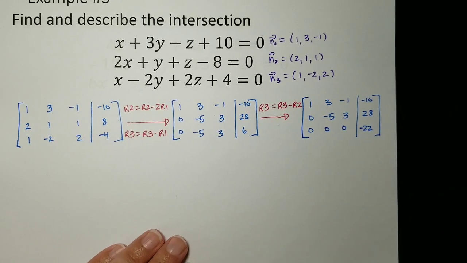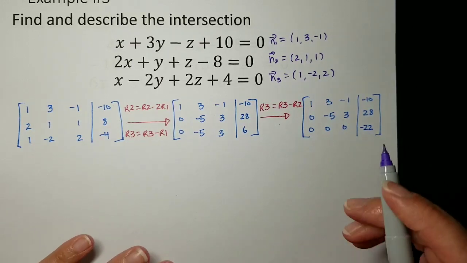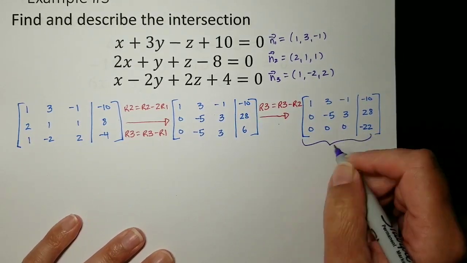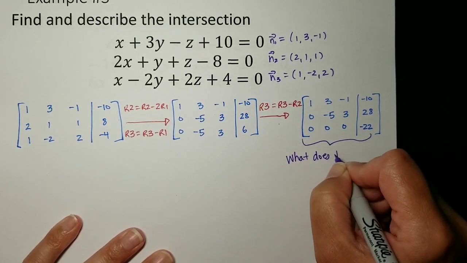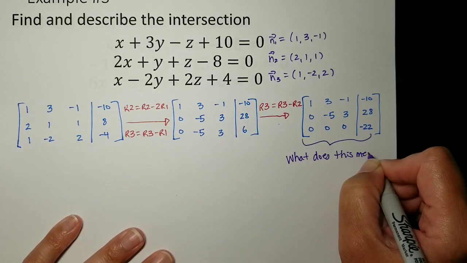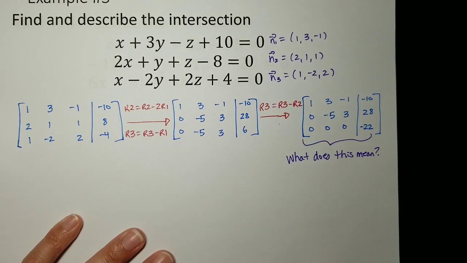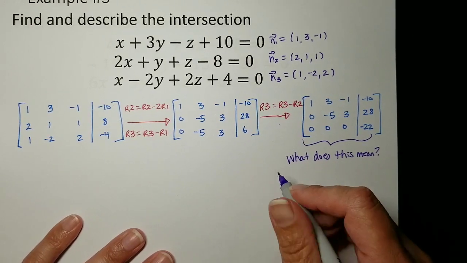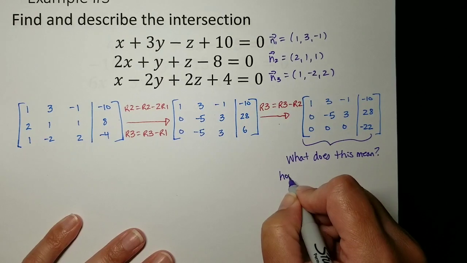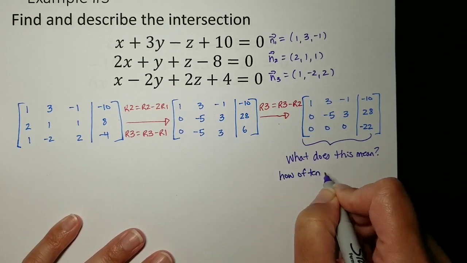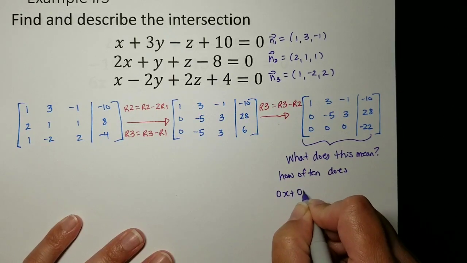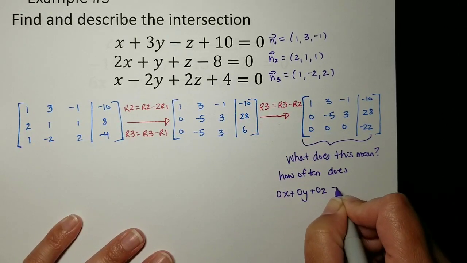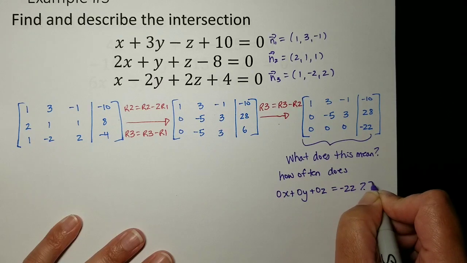And we have to think, what does this mean? How often does 0x plus 0y plus 0z equal negative 22?